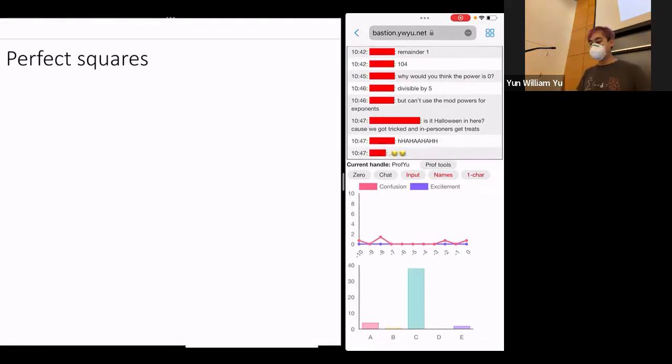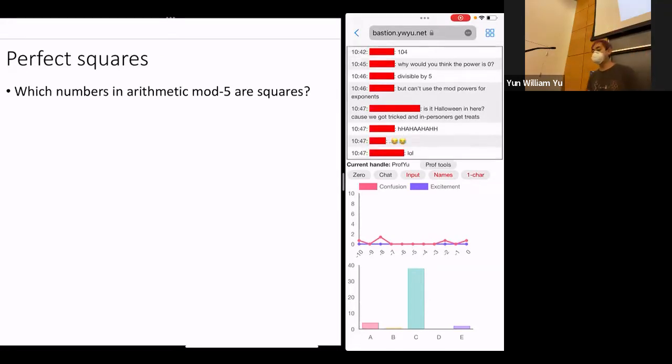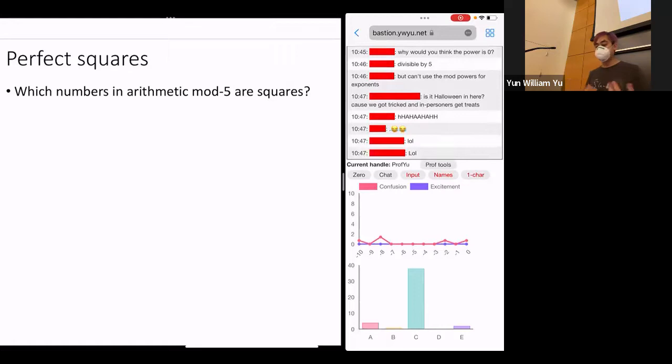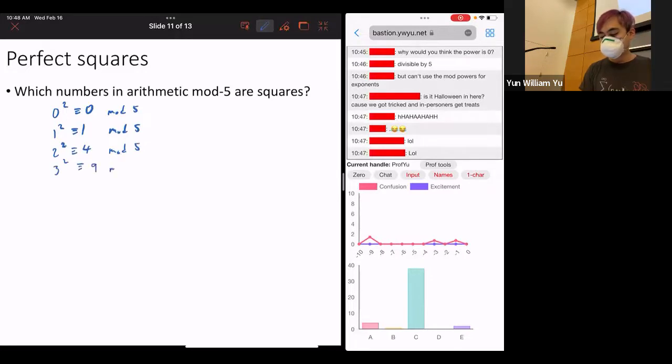Which numbers in, let's see, I'm going to ask another question, which is which numbers in arithmetic mod 5 are squares? This is pretty easy to figure out, and we're going to work on it together. Well, 0 squared is equivalent to 0 mod 5. 1 squared is equivalent to 1 mod 5. 2 squared is equivalent to 4 mod 5. 3 squared is equivalent to 9 mod 5, which is equivalent to 4 mod 5.